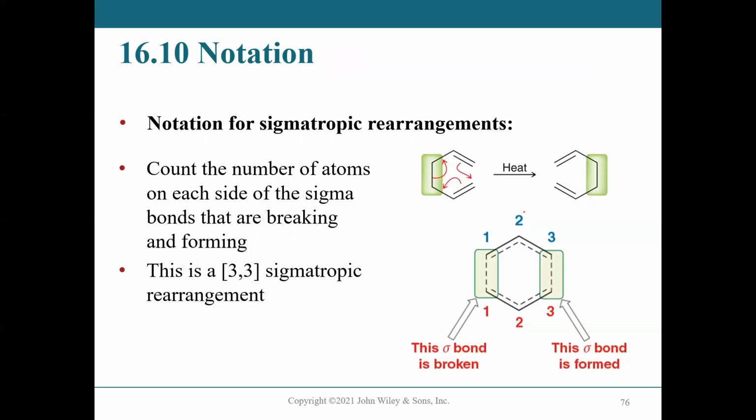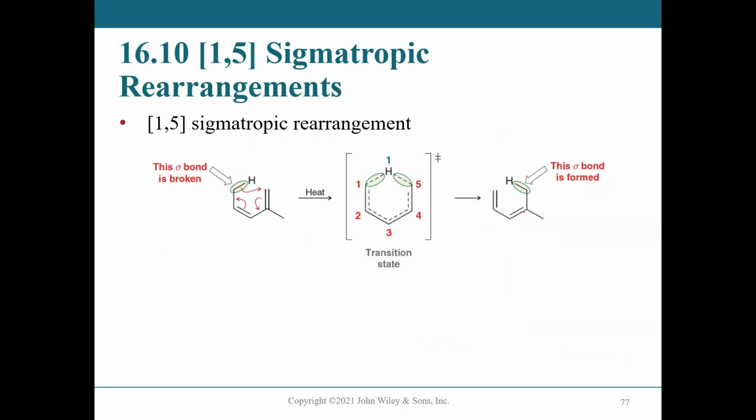It says count the number of atoms on each side of the sigma bonds that are breaking and forming. This is a 3,3 sigmatropic rearrangement. And they give you an example of a 1,5 sigmatropic rearrangement here.